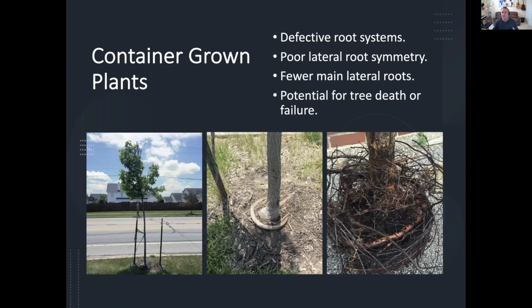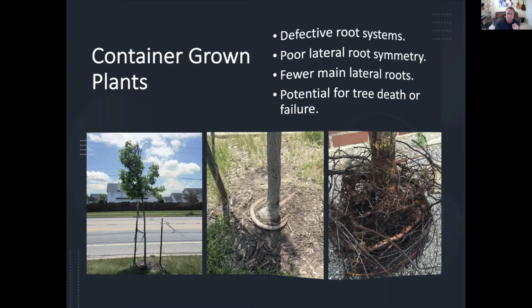And basically, it just declines or goes into that mortality spiral. And as a result, it just eventually declines and dies. So, again, getting in there prior to planting and making some modifications to those containerized plants can help that tree become faster established and more sustainable.